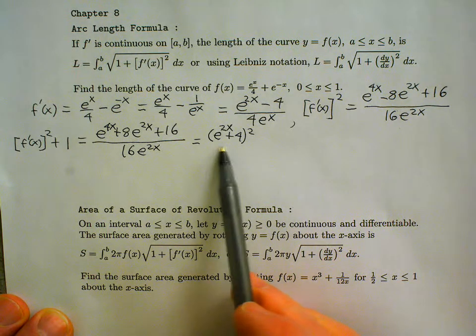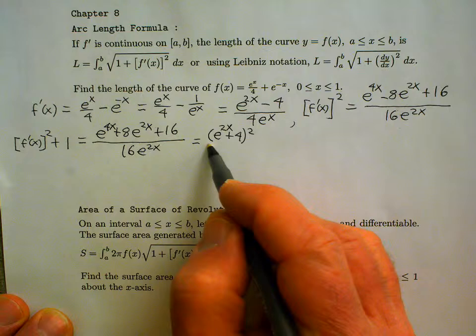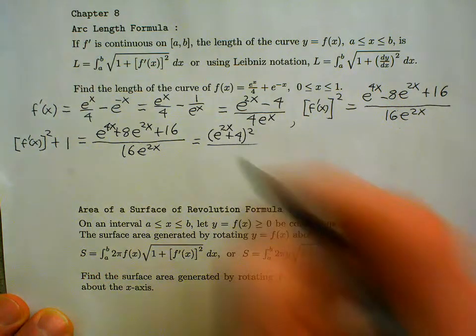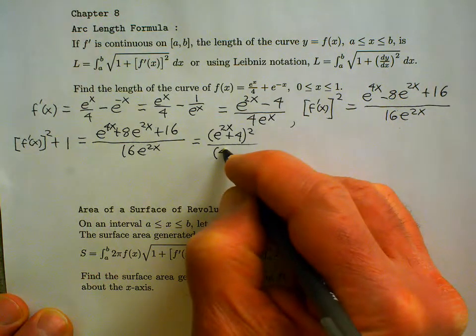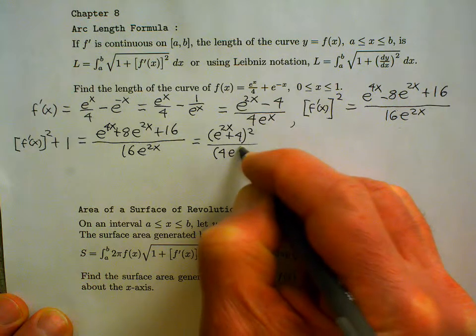And then the denominator is also a perfect square, 4e to the x squared.